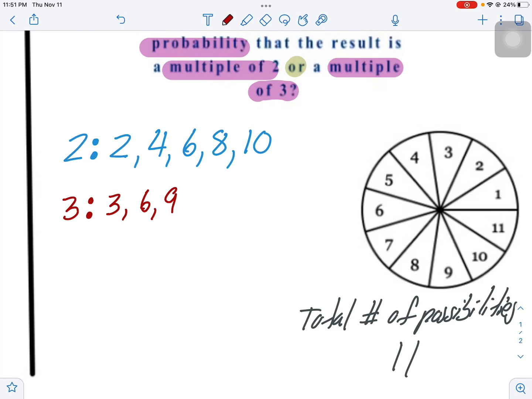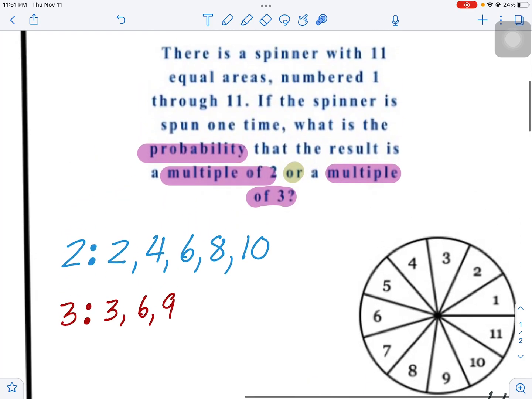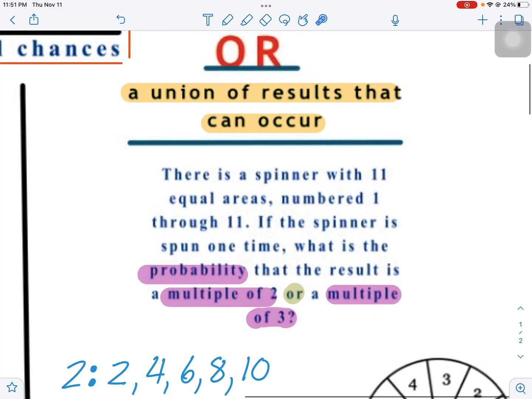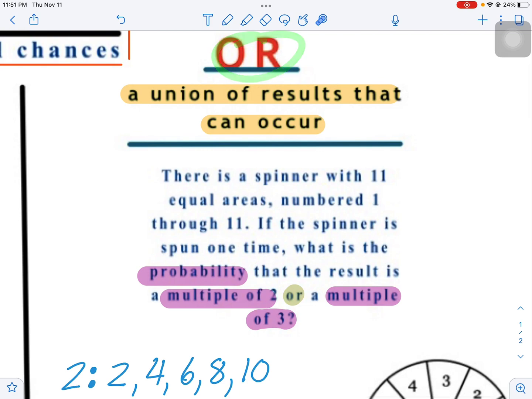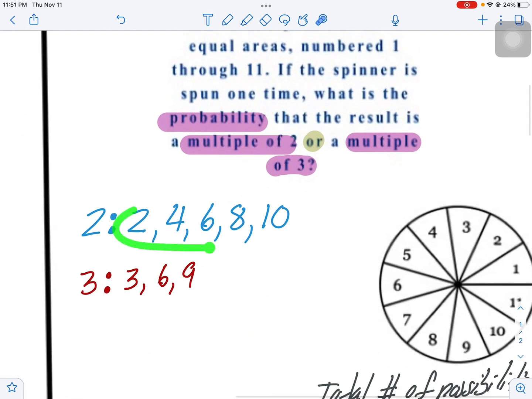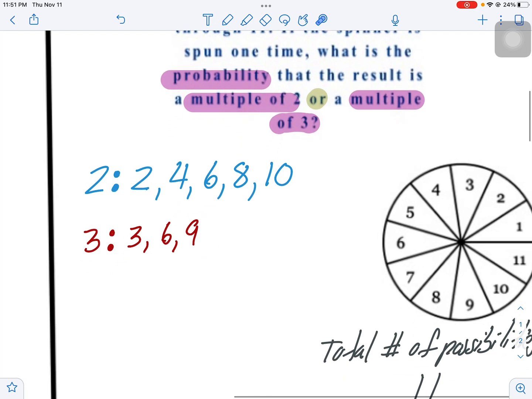Now, the difference here is our union. It says "or," so we can get this group of numbers or this group of numbers. It doesn't have to satisfy both because it doesn't say "and." So all of these can be correct.